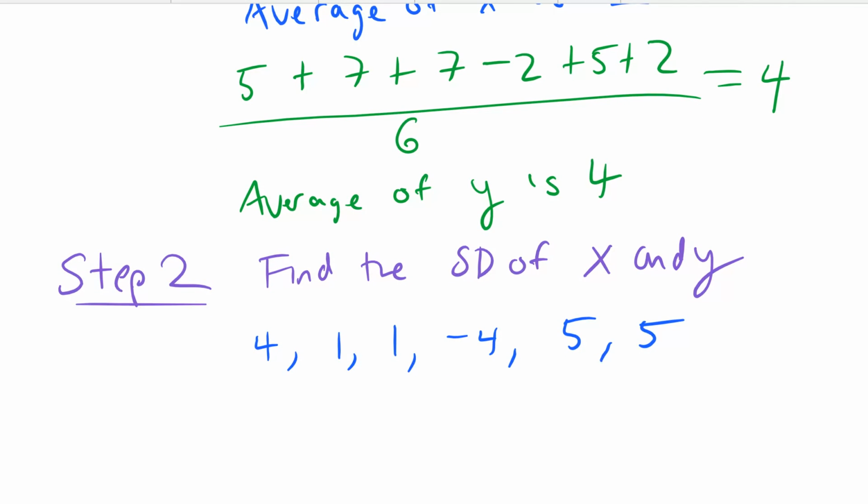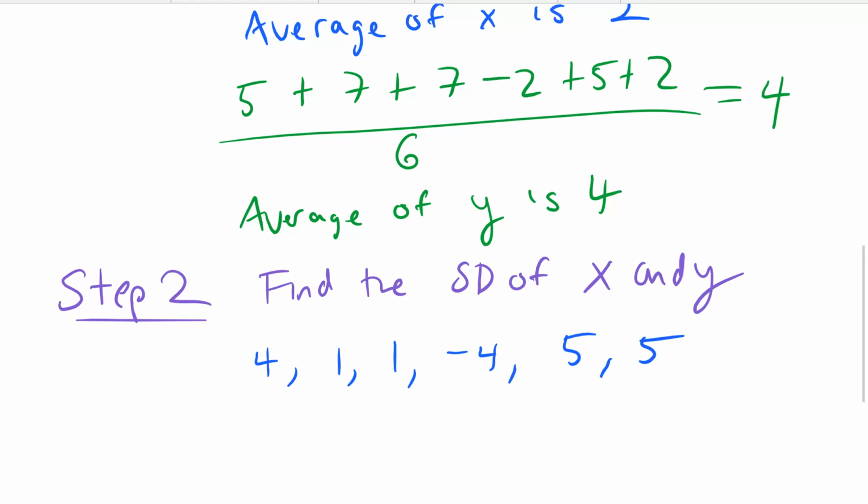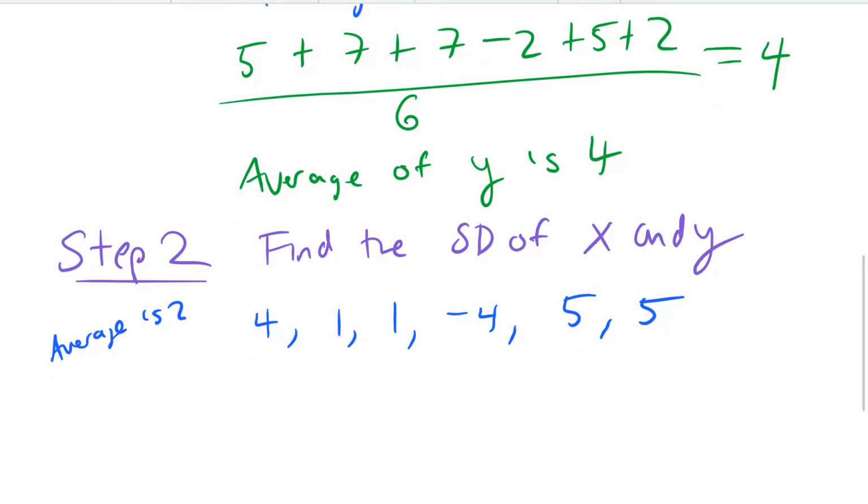So first we find the deviations. The average of x was 2. So we subtract 2 from each number in the list, and we get 2, -1, -1, -6, 3, 3.